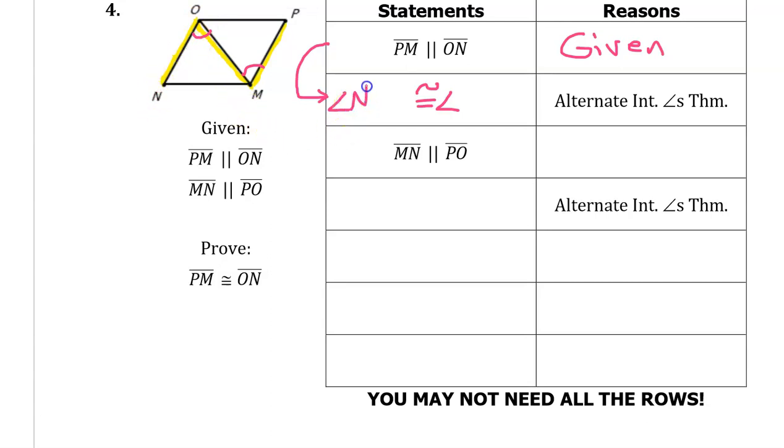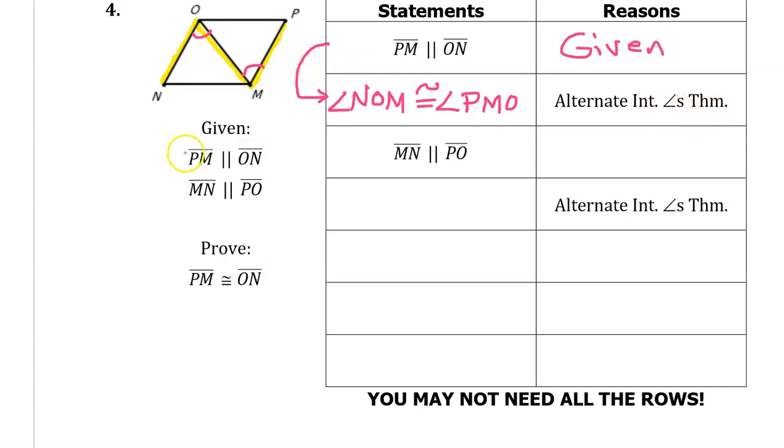So angle NOM is congruent to angle, now this lower angle here at M, three-letter name, PMO. And because these are corners of a Z, or an N, these are alternate interior angles. So that's why the reason was alternate interior angles theorem.